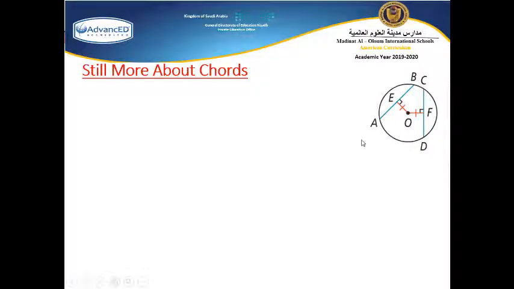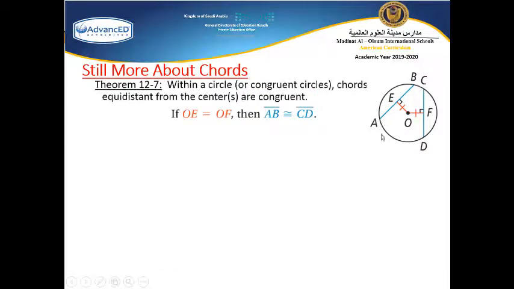Here we have another theorem about chords. If two chords in a circle are equidistant, at the same distance from the center of the circle, then both of them are congruent. If the distances from the two chords to the center are the same, like OF equal to OE, then the two chords AB and CD are congruent.